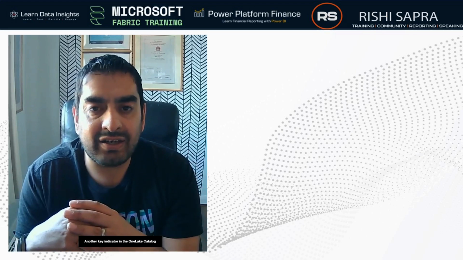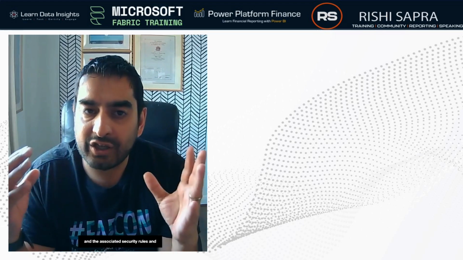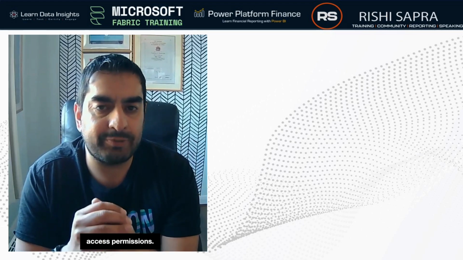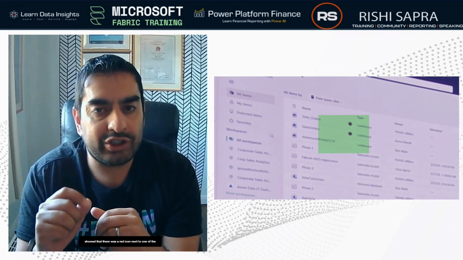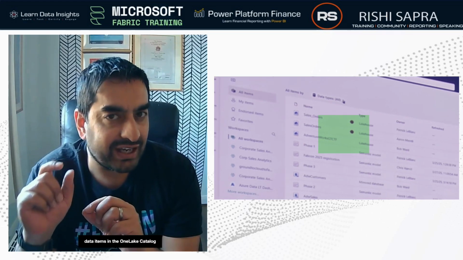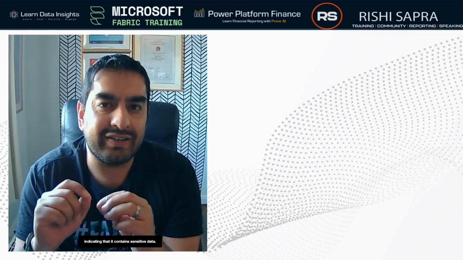Another key indicator in the OneLake Catalog is around data sensitivity and the associated security rules and access permissions. In the keynote section on OneSecurity, Patrick showed that there was a red icon next to one of the data items in the OneLake Catalog, indicating that it contains sensitive data.